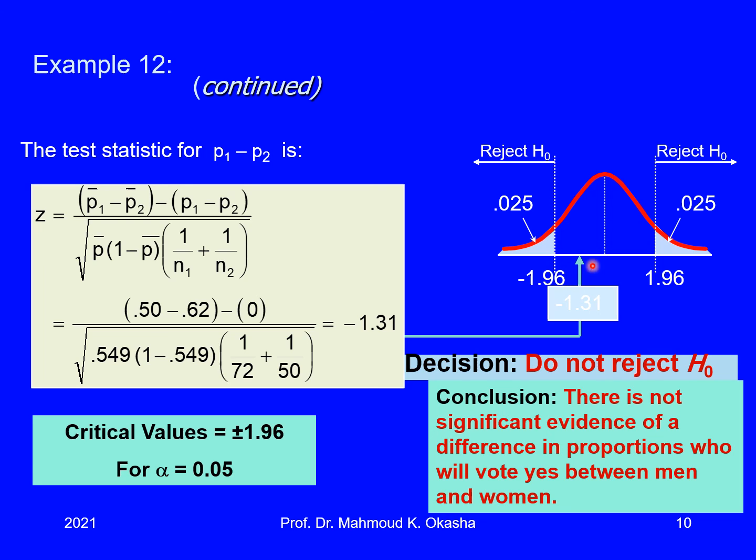So there is no evidence to reject H naught. So for the significance level alpha equals 0.05, the decision is do not reject H naught, and we conclude that there is no significant evidence of a difference in the proportion who will vote yes between men and women. So there is no difference between men and women in their proportion for voting yes for proposition A.